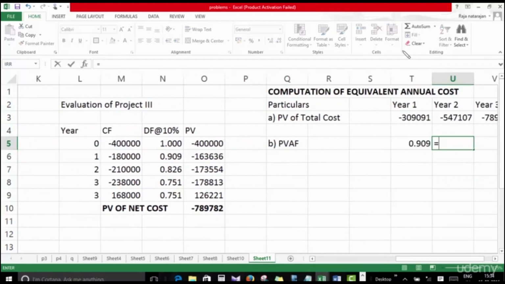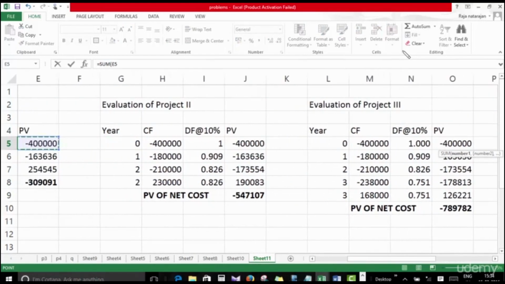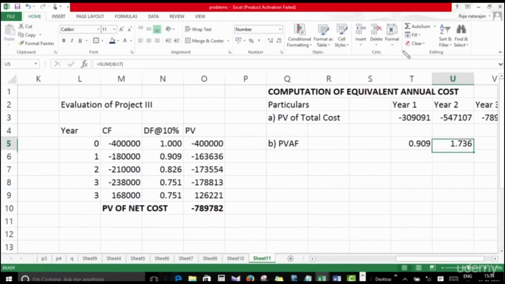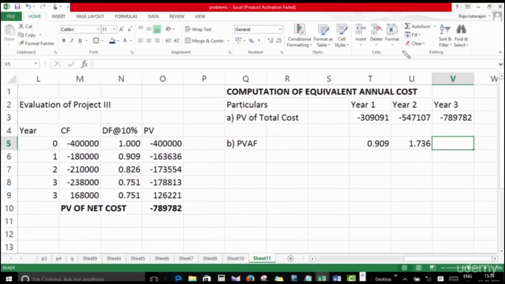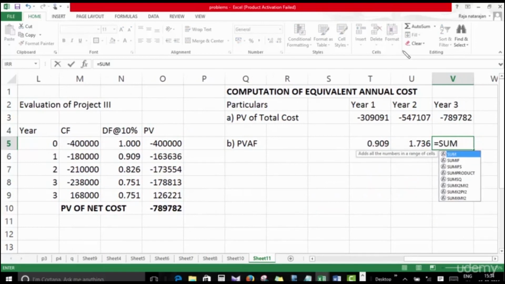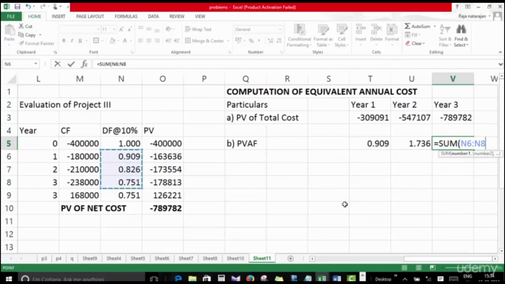For year 2, the present value annuity factor is nothing but the sum of discount factors for 2 years. So here you have 0.909 plus 0.826. I'm totaling them and I'll get 1.736. And for year 3, it is the total of these 3 present value interest factors. So I'm getting 2.487.